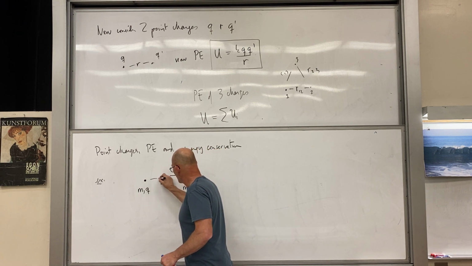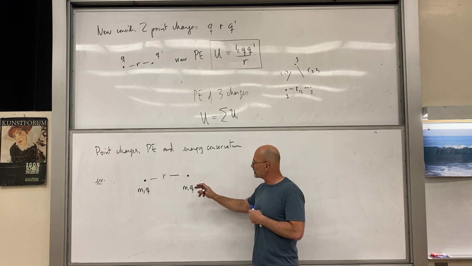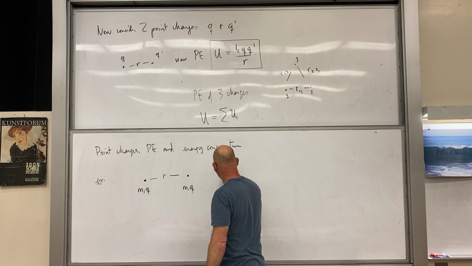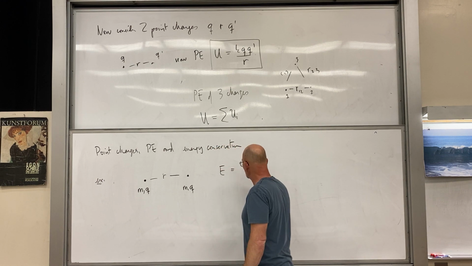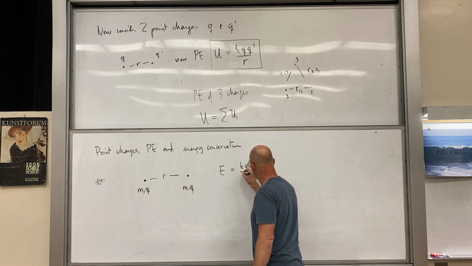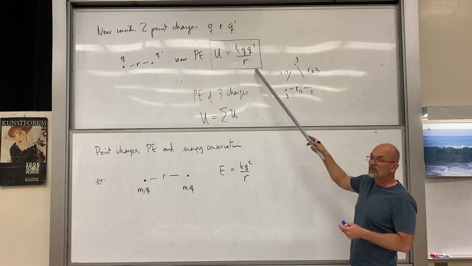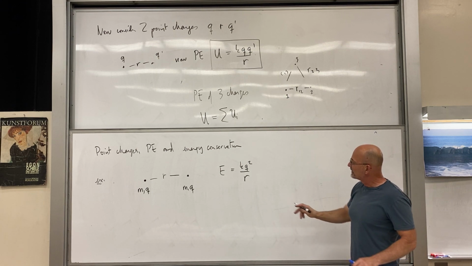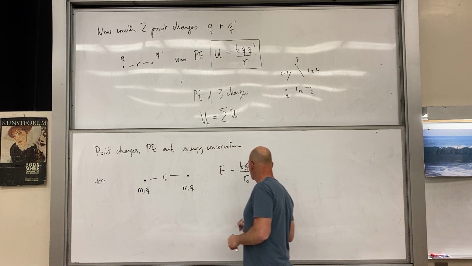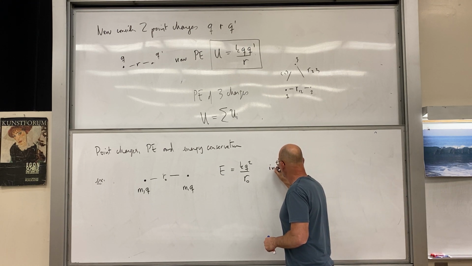So these two masses with charge, point masses with charge, equal mass, equal charge, are separated by a distance r. Okay. So E is equal to k Q squared over R, and let's even call this R0. That's the total energy initially.